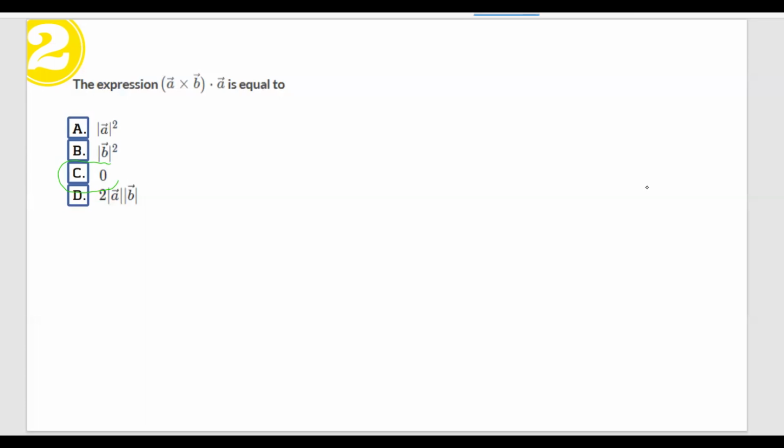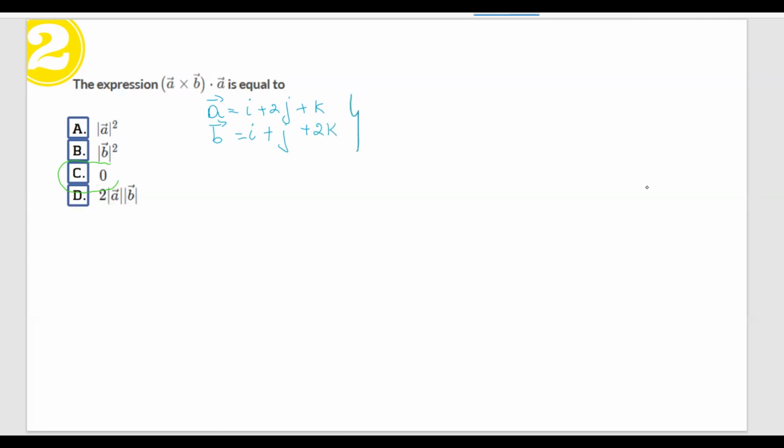I'll take that A. And of course, to make your job easier, just give very simple values. I'll take A is equal to, say, i plus 2j plus k. And then B, something very simple. Again, I'll take i plus j plus 2k, let's say.